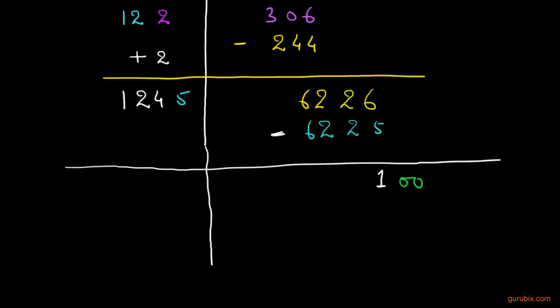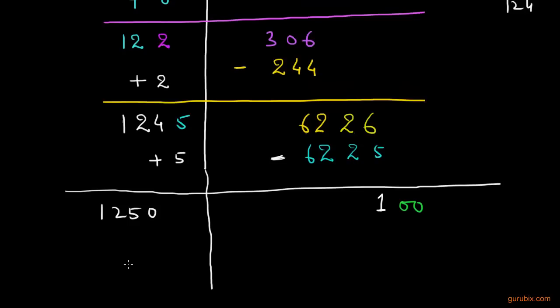Now we add this unit digit to this number, and if we add 5, we get 1250. What we observe is that we cannot divide this 100 by this 1250.